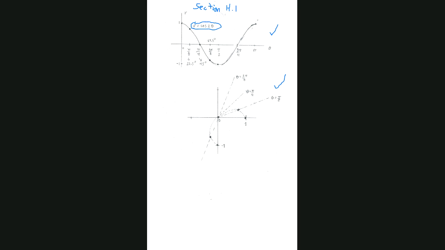My horizontal axis is theta, my vertical axis is r. So r is a function of theta, and the cosine of 2 theta has a period of pi.